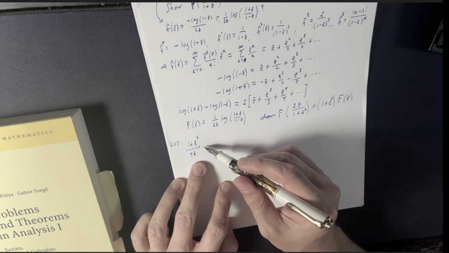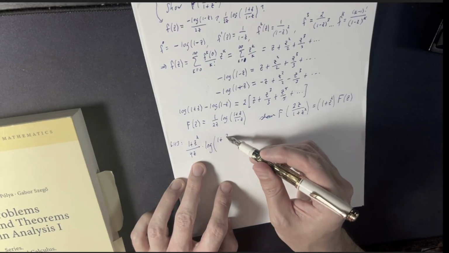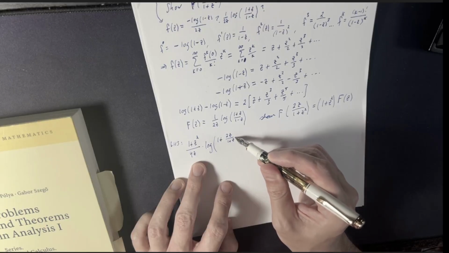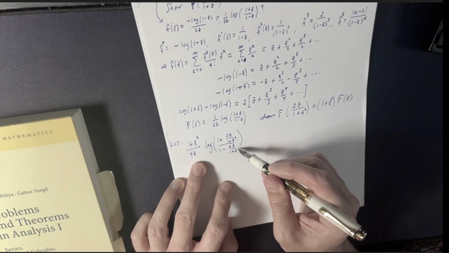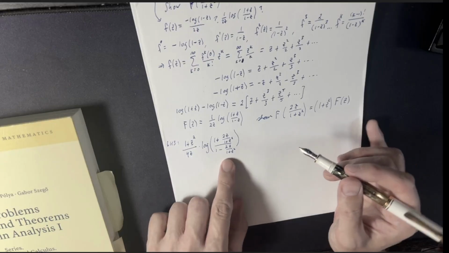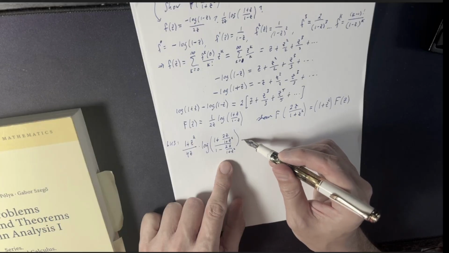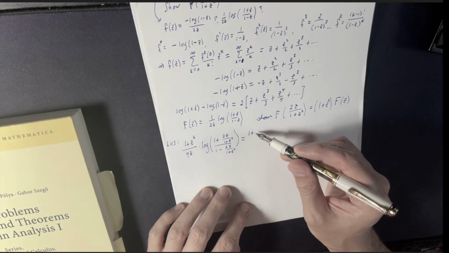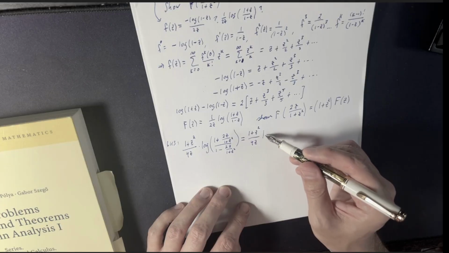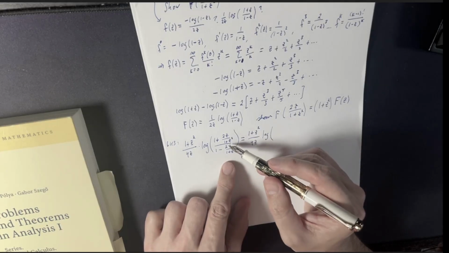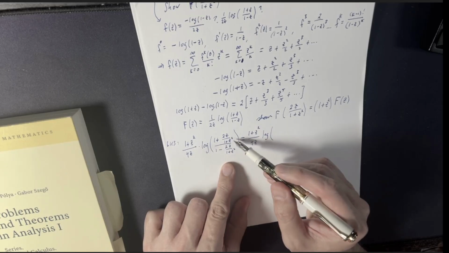Then I have a logarithm. And we take 1 plus this mess. Downstairs we have 1 minus that mess. So we'll simplify that in a moment. I guess we can do it right now. So this is 1 plus z squared over 1 plus z squared plus 2z.